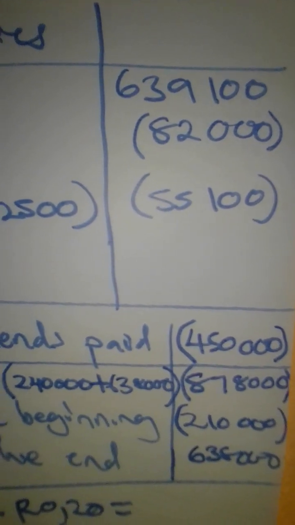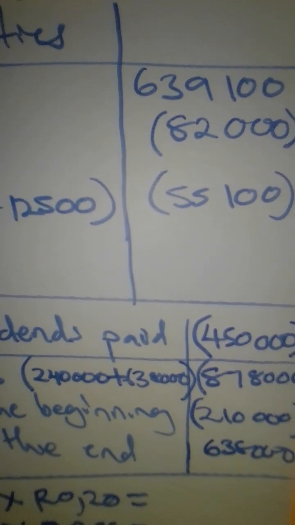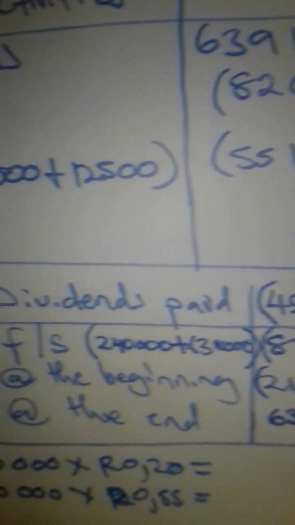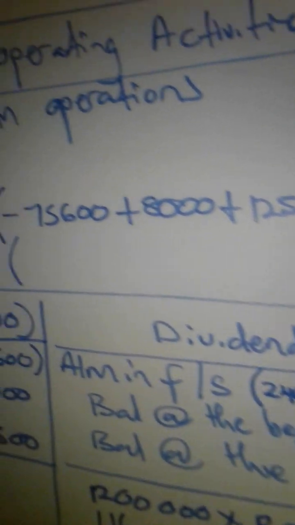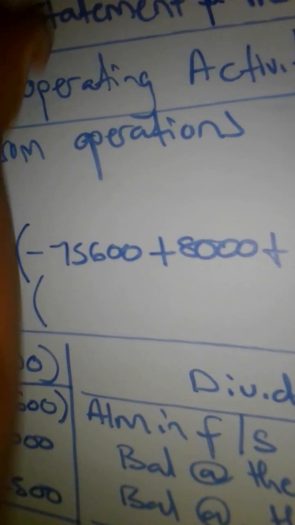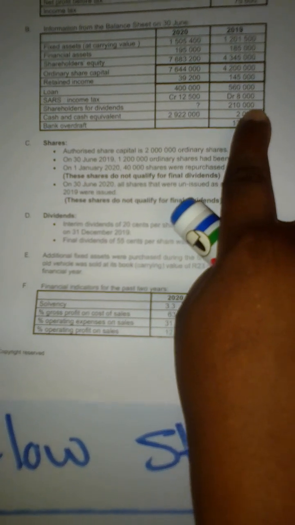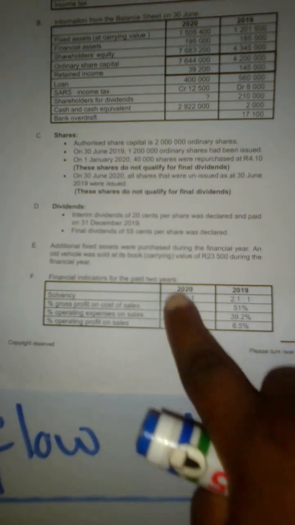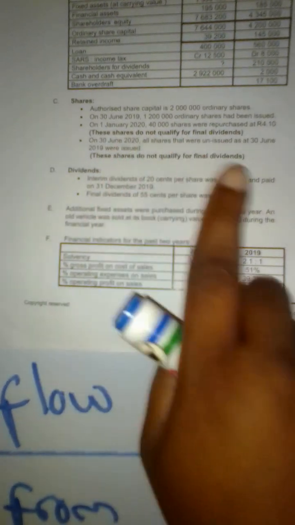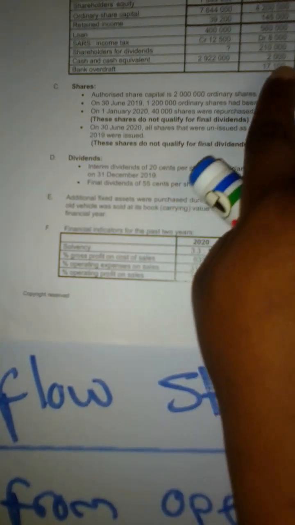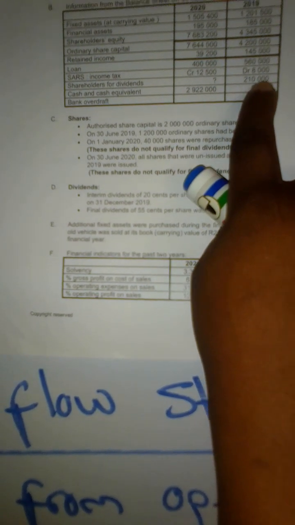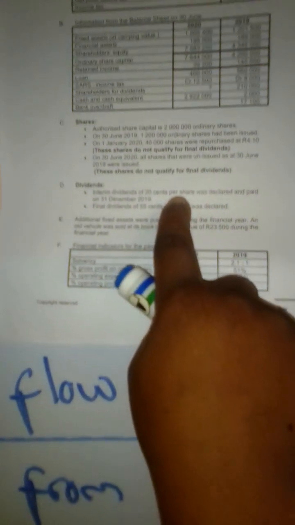Or the other simplest way that you can do this, if you do not want to go through all this, you can simply say the paid dividend. An interim dividend is indicating a paid dividend. The shareholders for dividends from the previous year will also be paid in this current year. So the money that is going to be paid for dividends in 2020, by June 2020, means the 210,000 and the interim dividend given here.